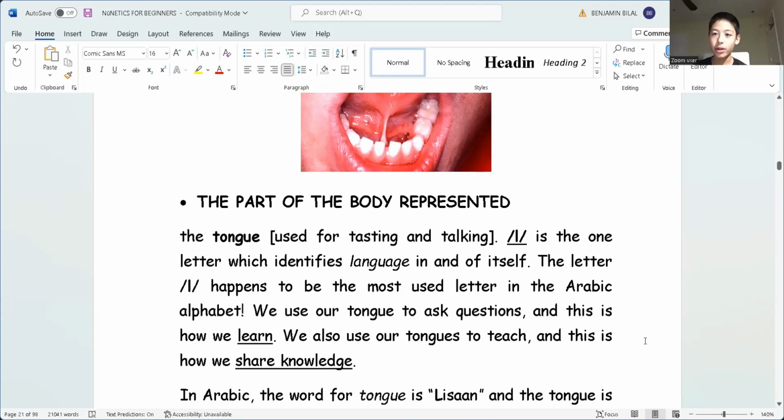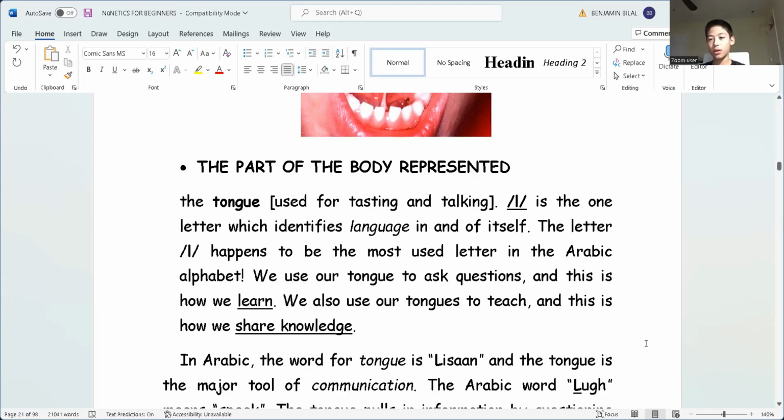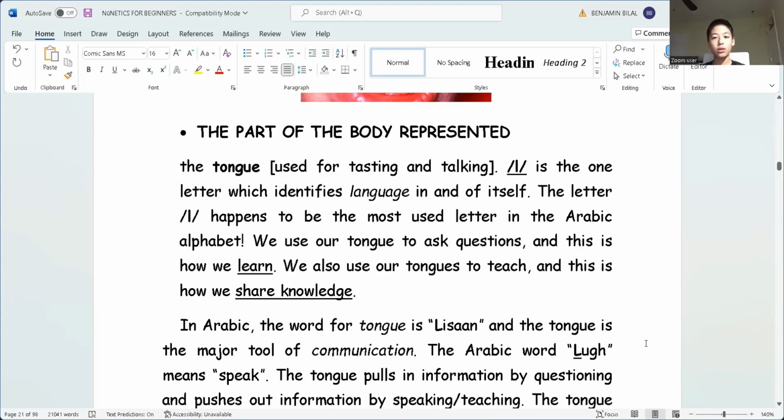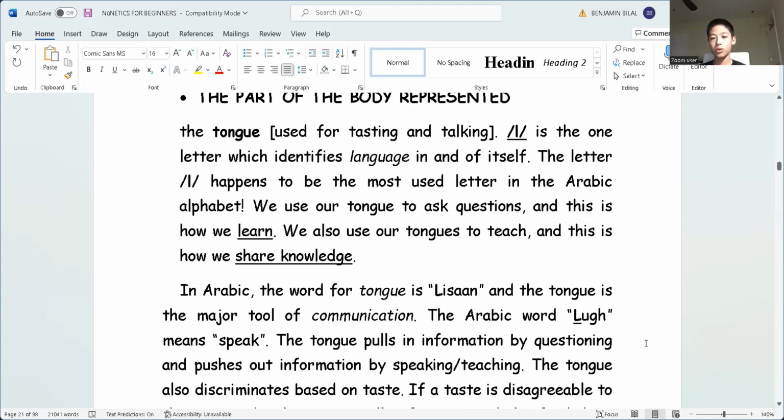L is the one letter which identifies language in and of itself. The letter L happens to be the most used letter in the Arabic alphabet. We use our tongue to ask questions, and this is how we learn. We also use our tongue to teach, and this is how we share knowledge. So you see the letter L in learn, right?